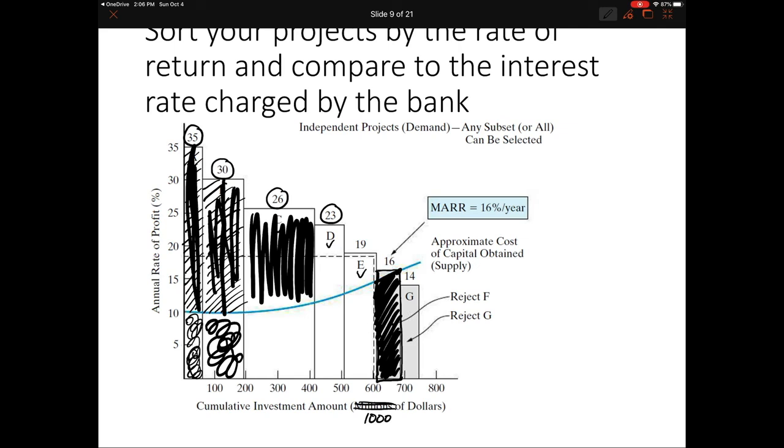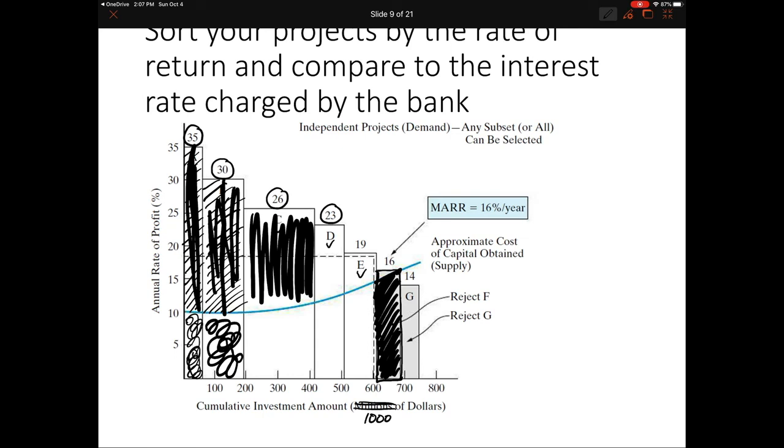So that is the border, or the bottom line, where you need to say no to the project. Because if you cross that border, that means the money you need to pay back to the bank could not be recovered by the profit of that project. It's not a good deal.